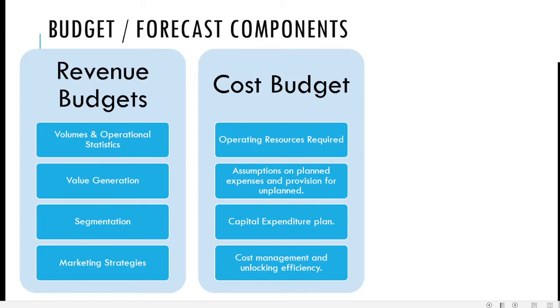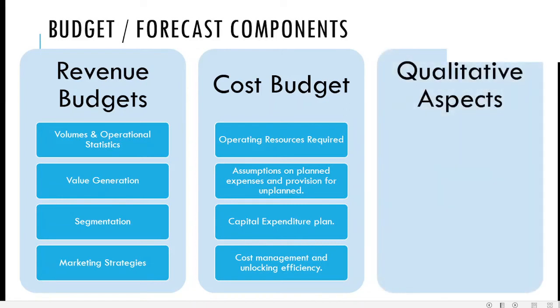Usually when we are doing the budget, we also look at how we are going to make our costs effective, or how we are going to save those costs. Right. And then we are going to look at the qualitative aspects of these budgets.